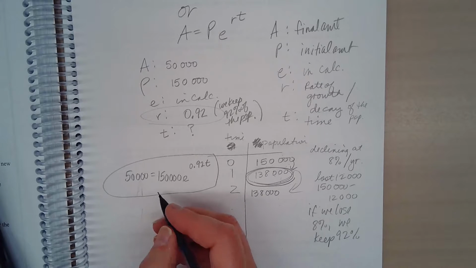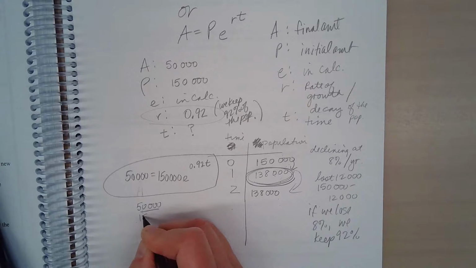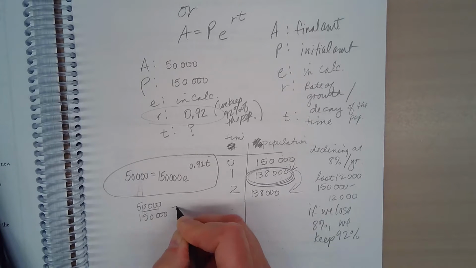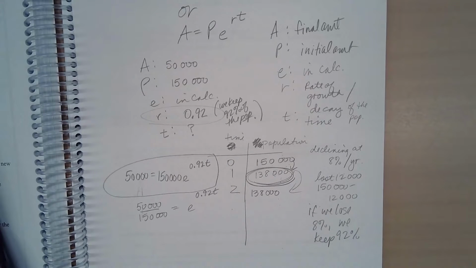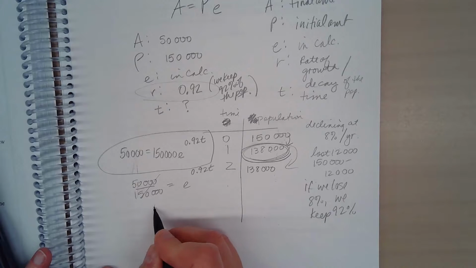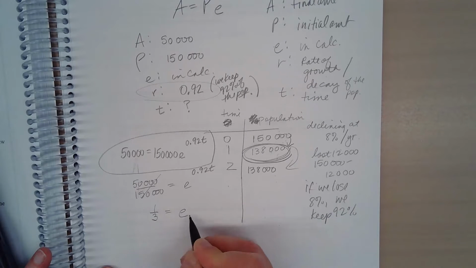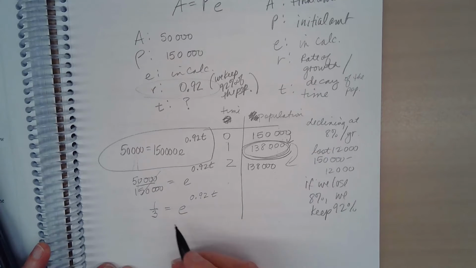Okay? So let's see what we get here. 50,000 divided by 150,000 equals e to the 0.92t. Now what are we going to do? I'd probably simplify this: 1/3 equals e to the 0.92t. I would ln both sides.